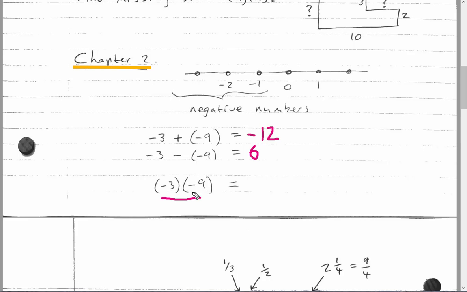No, so this situation we're multiplying. Negative 3 times negative 9, and that's positive 27. So you certainly get a different answer depending on the operation with these same two numbers. Okay, so chapter 2 will include the negative integers.